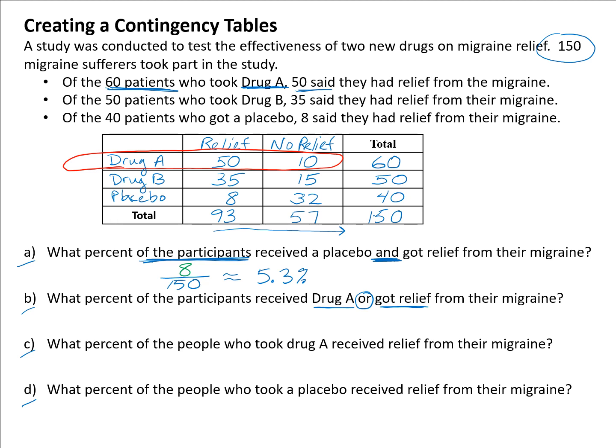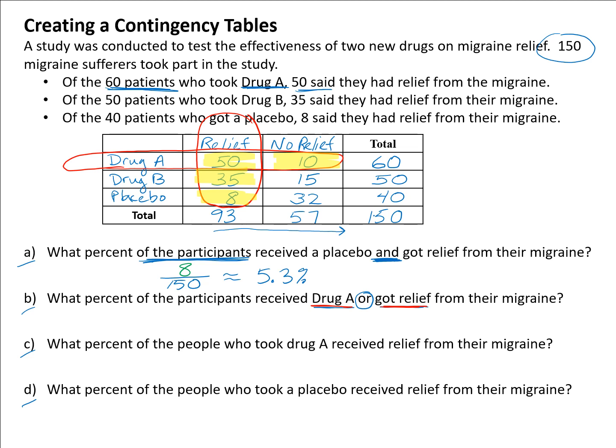And then the other thing I'm looking at is got relief. That would be the first column. And notice 50 appears twice there, and we do not want to add 50 twice. So we're only going to add the 50, the 10, the 35, and the 8. Do not add 50 twice. When you're working with a column and a row, do not use subtotals because you'll get the 50 twice.